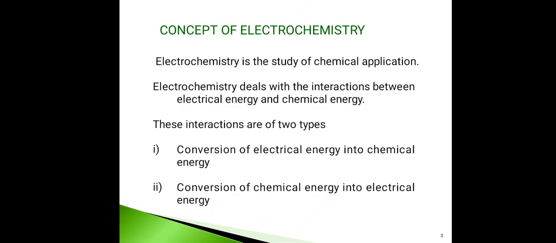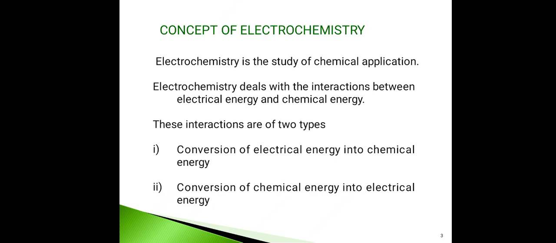First, electrochemistry is the study of chemical applications, and it deals with the interaction of electrical energy and chemical energy. And these types of interactions are basically two important categories.